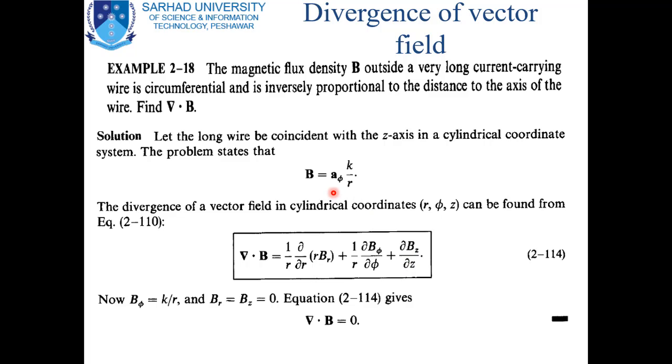In our expression we have only the phi term of function B, so B phi is equal to k over r, and Bz is equal to 0. When we take the partial derivative of B phi with respect to phi, we get 0, because k over r is a radial function being differentiated with respect to phi. So the divergence of B will be equal to 0.